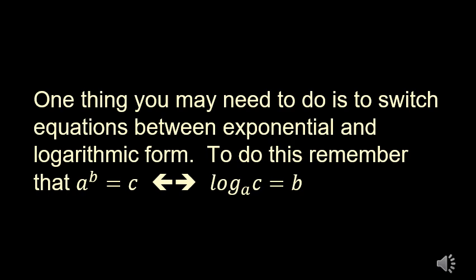Now, what's going on there is that one of them has an exponent, the other one has a log, and what's really happening is the order of the last 2 numbers are being flipped around. So if I had something like 3 to the second equals 9, that would be the same thing as the log base 3 of 9 equals 2. You just flip around the last 2 numbers.